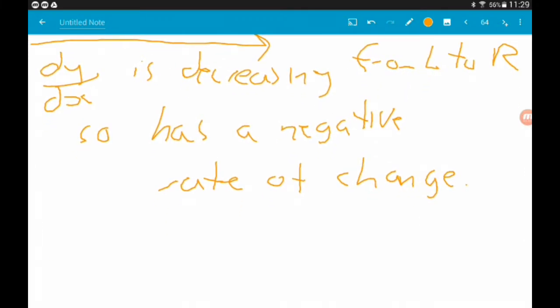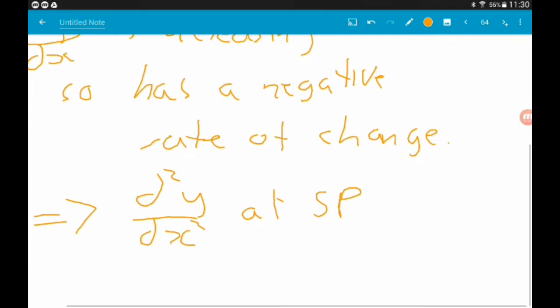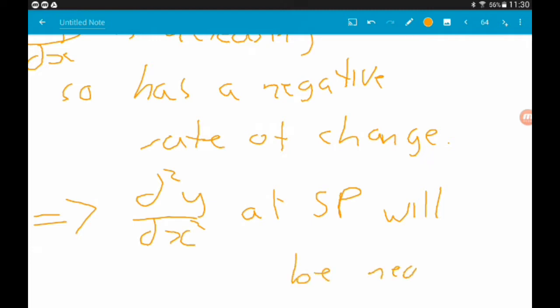Therefore, we will find that our second order derivative at the stationary point will be negative. Which is what happens at maximums. So let's check it.